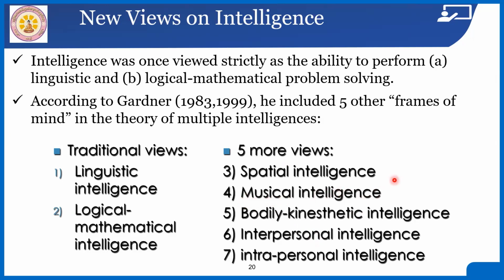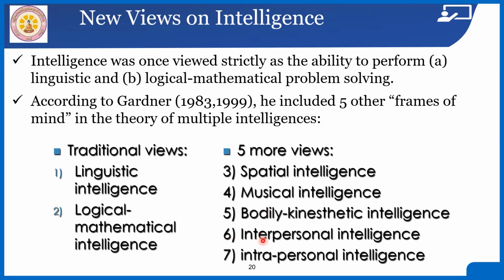And the next one here is musical intelligence. People with musical intelligence can learn very fast. They can understand very fast based on music, such as a musician. They can learn about music very easily. And the next one, bodily kinesthetic intelligence, based on practice. Touching or doing something, they can learn very quickly, right?